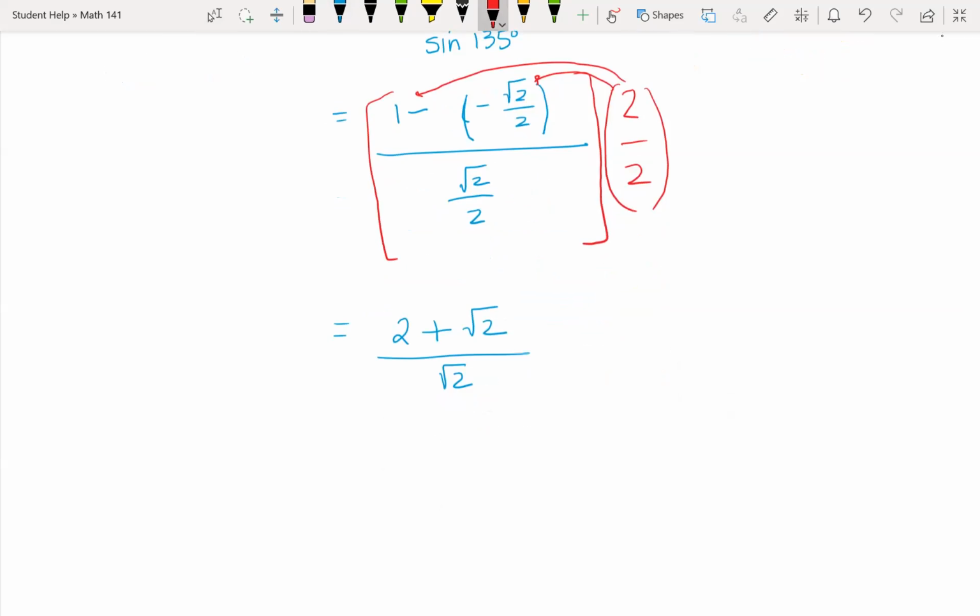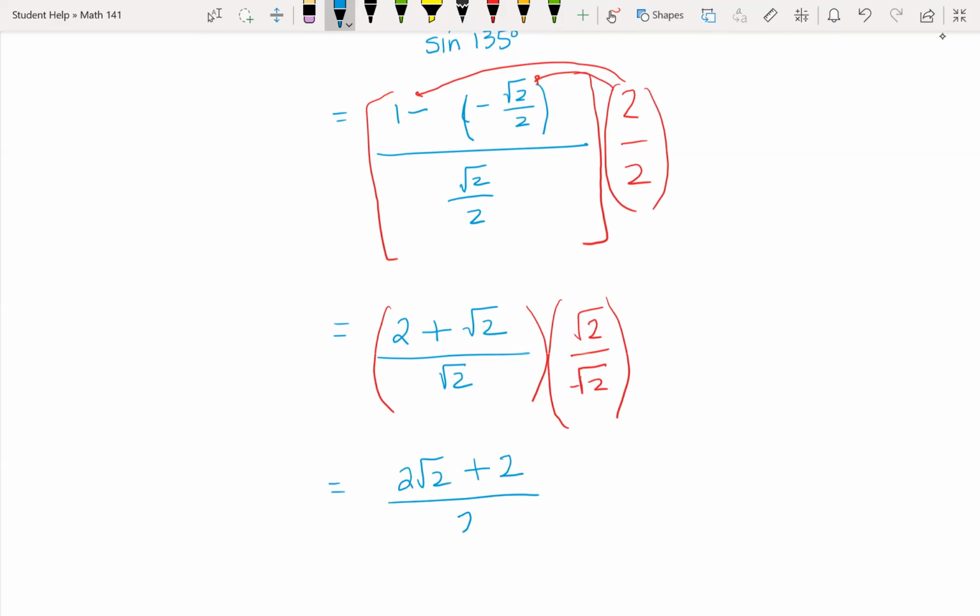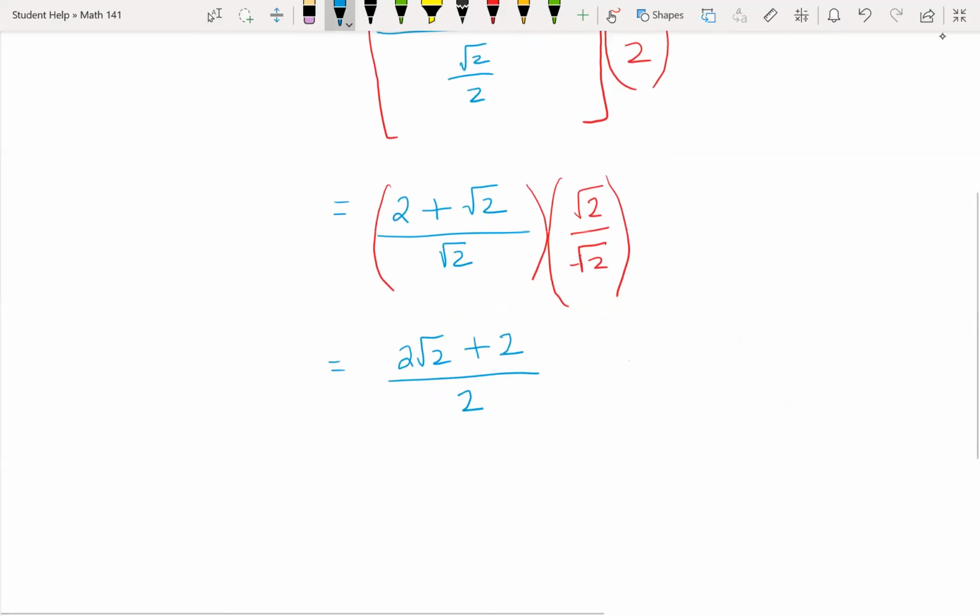Technically, we don't want to leave a radical in the denominator, so we'll multiply by square root of 2 over square root of 2 to rationalize. And then I'll have 2 root 2 plus 2 over 2. And we can simplify that to be the square root of 2 plus 1.